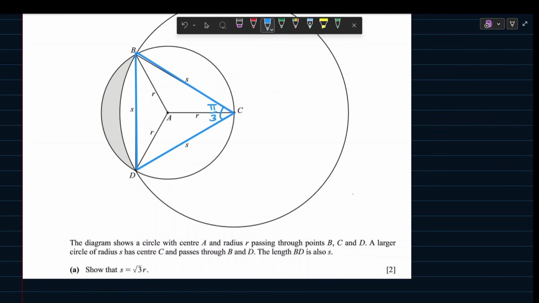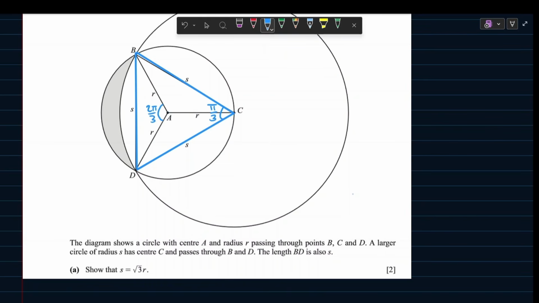And because this here is pi over 3, we know that the angle at the center of a circle is twice the angle at the circumference of the circle. That's a circle theorem. So this angle that's at the center of the circle, right? A is the center of this small circle that's inside. So the angle at the center has to be twice that angle. So this has to be 2 pi over 3.